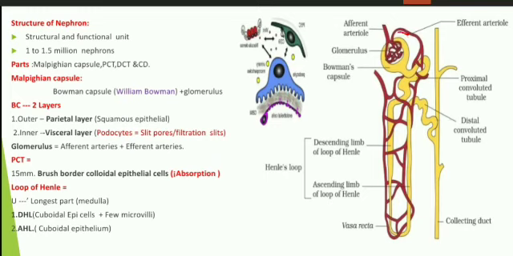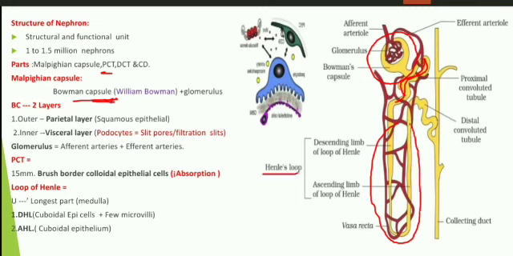This bow-like structure is known as the Malpighian capsule, also known as the Malpighian body. Next to the Bowman capsule, you will get a coiled portion, known as the proximal convoluted tubule. After the proximal convoluted tubule, you will get a U-shaped or hairpin-like structure, known as the loop of Henle.